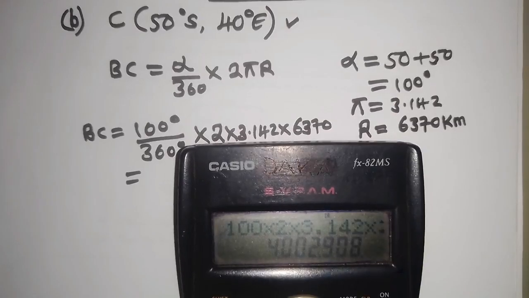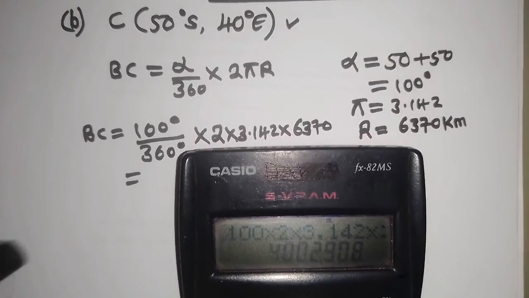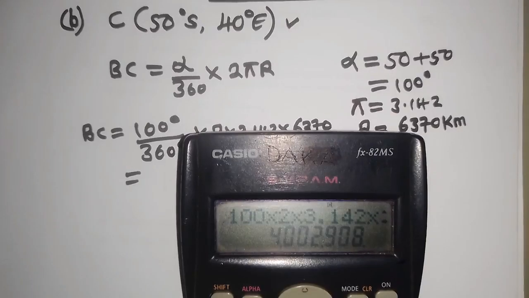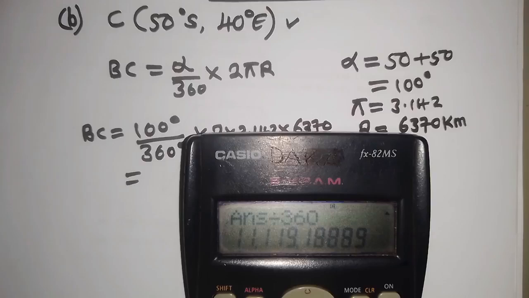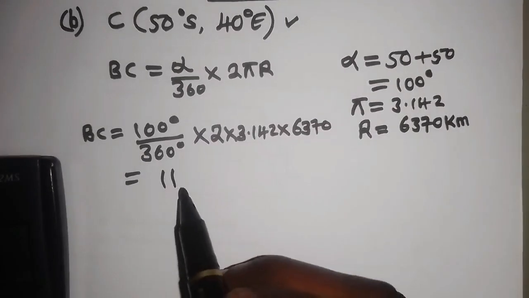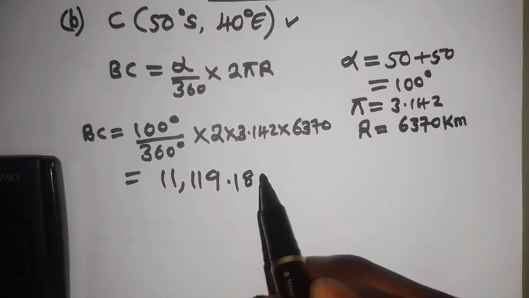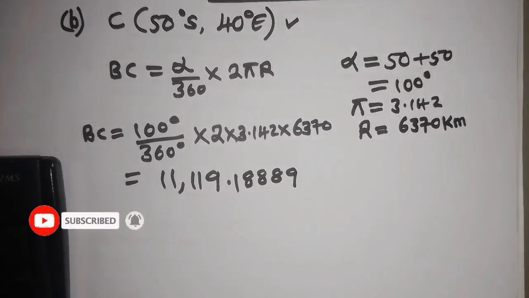Now you get that number, and you can see that there is a 360 down there, so you divide. You say divide by 360, and you'll be able to get 1,119.18889.